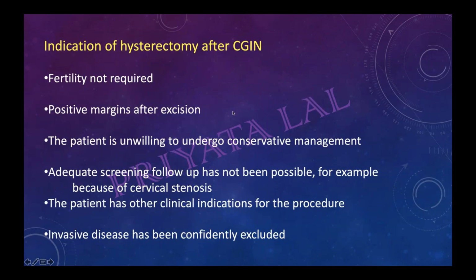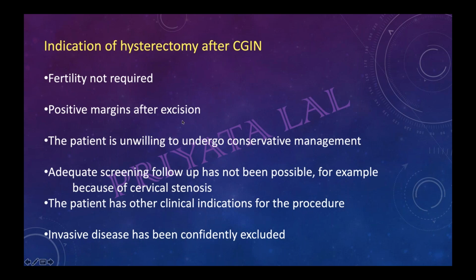Now, what are the indications of hysterectomy after CGIN? If your patient does not require a baby, why keep the cervix inside? If fertility is not desired, this patient can go for hysterectomy.